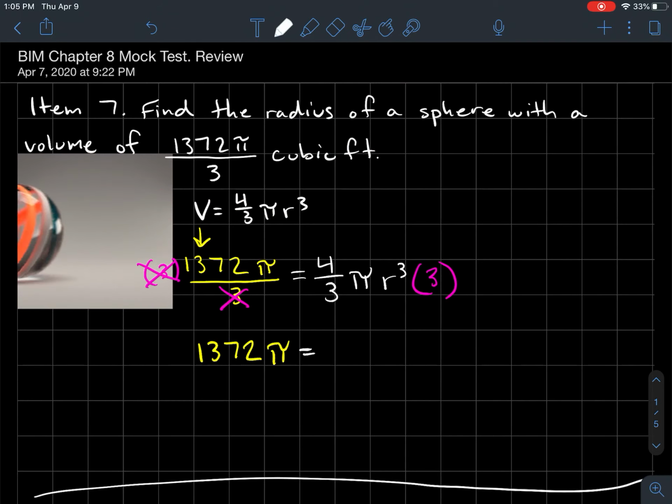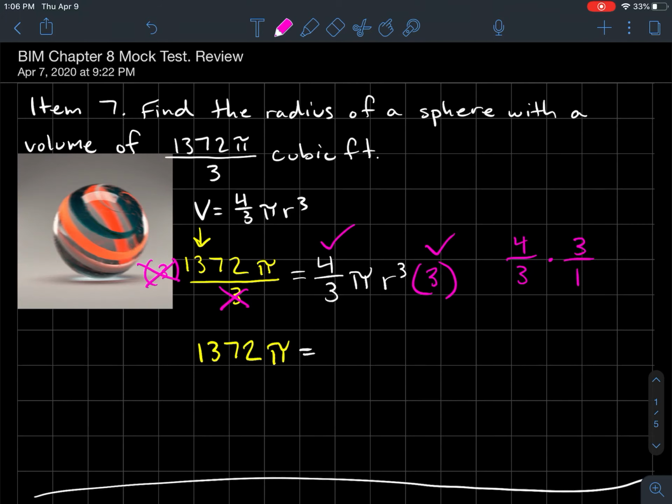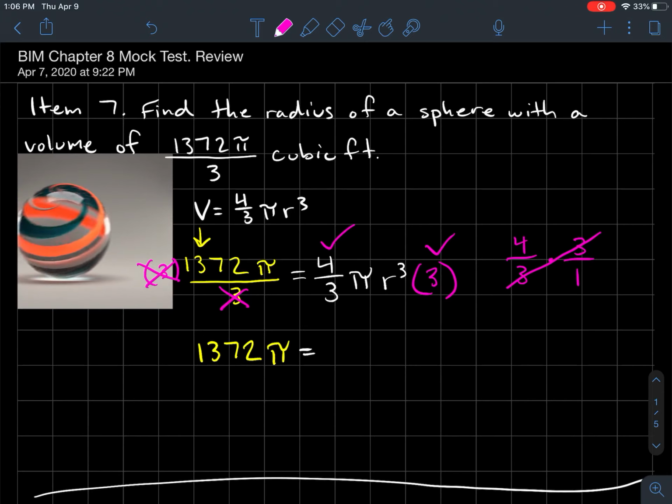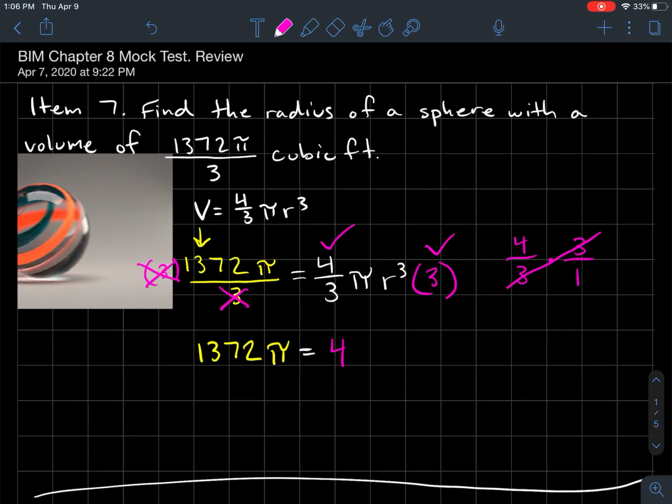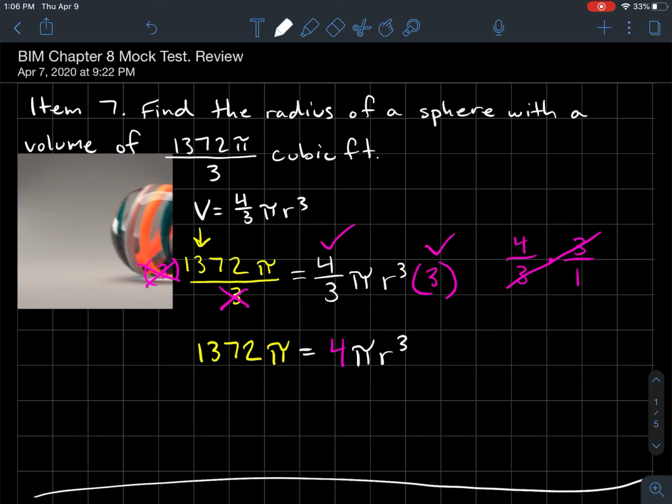And it's going to equal, well, we have to multiply these two together. We have the 3 and we have the 4/3. So I'm going to pull that off to the side. 4/3 times 3 over 1. So you guys can clearly see what happens here. Through cross-canceling, we turn all this into just a 4. So now we have a 4, and then we'll rewrite the rest in white. Pi r cubed. Okay?